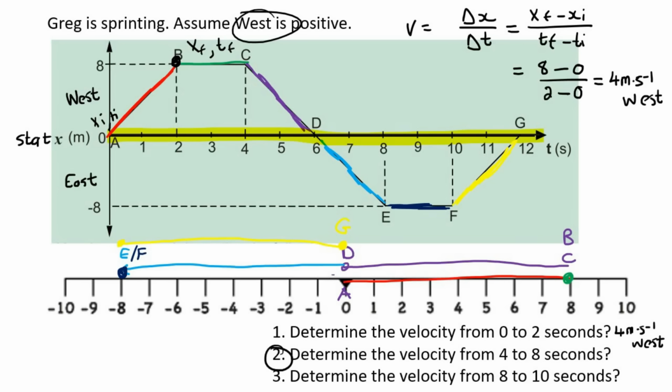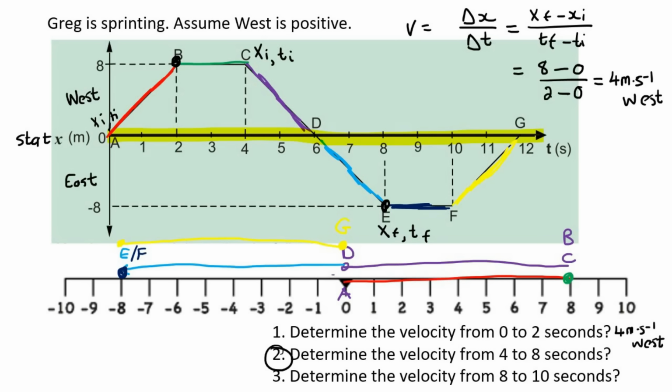Number 2 says, determine the velocity from 4 to 8. So that's going to be from here all the way to here. In that scenario, this part here will be your final displacement and your final time, and this part here will be your initial displacement and your initial time.